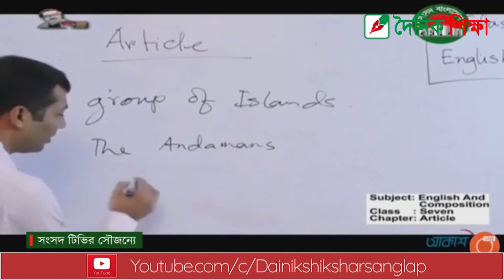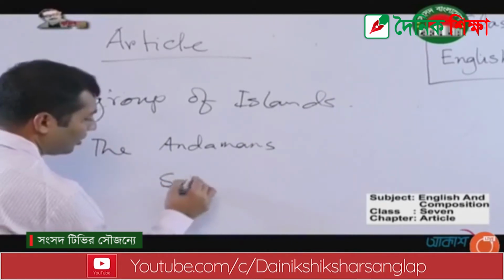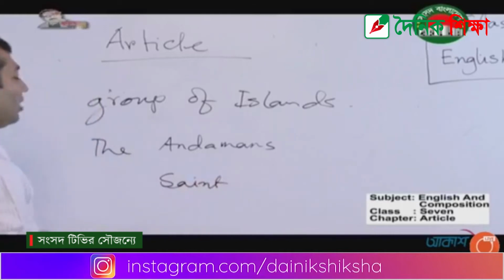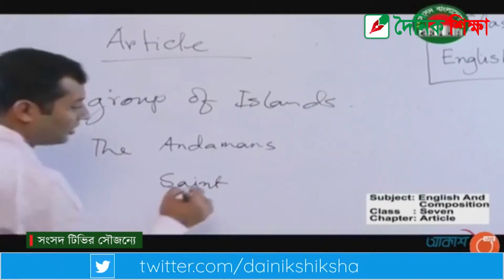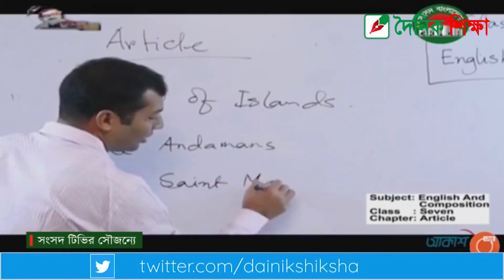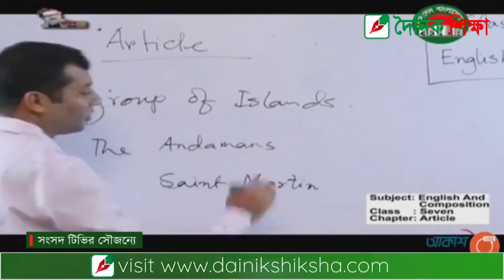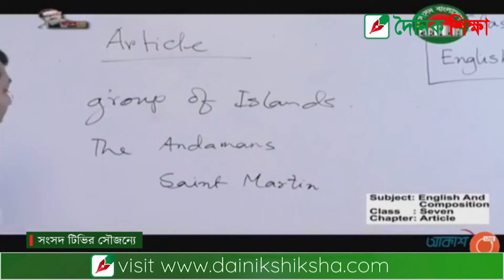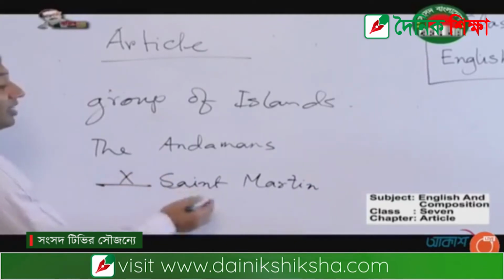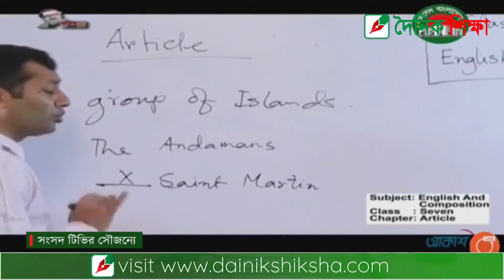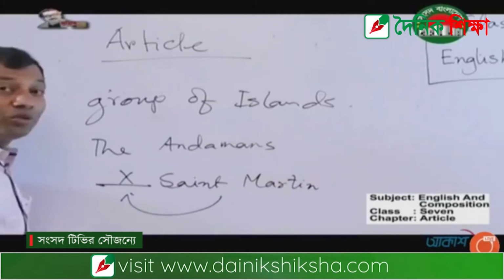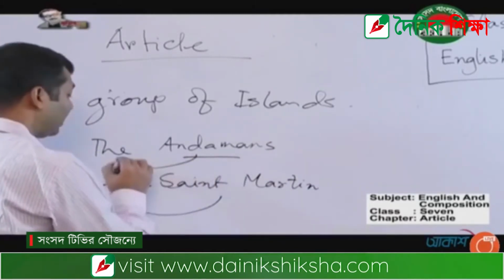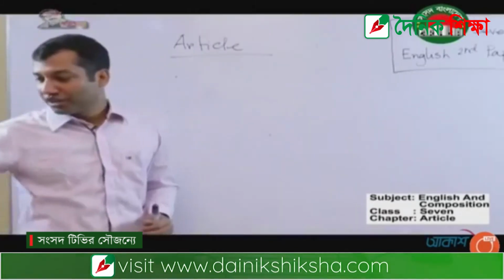But if you say Saint Martin, the only coral island in Bangladesh, the word Saint Martin doesn't take an article before it because this is a single island. No single island will take the article the. But if it is a group of islands, it will take the article the. Now come to the next rule.